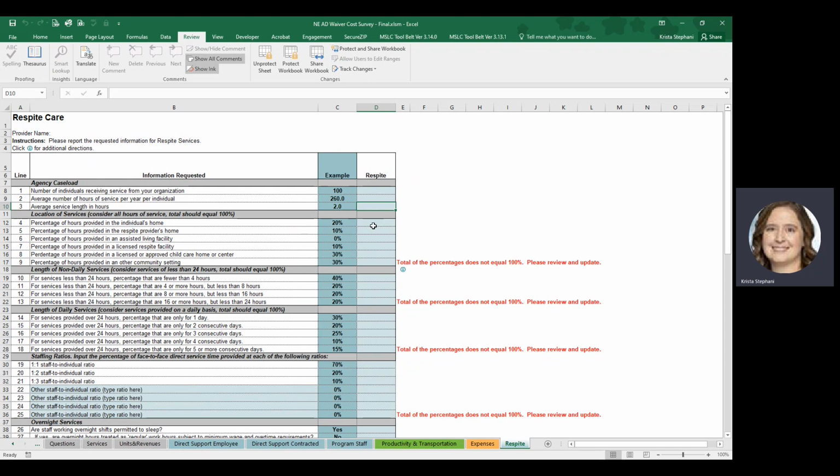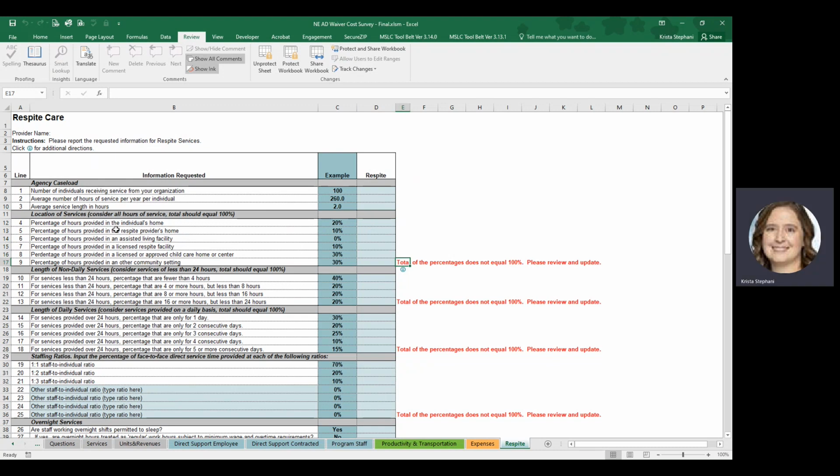Next, we are asking you to complete the percentage of hours provided in these various locations of all the services. When completed with this section, the totals in these cells should equal 100%, and this message will go away.